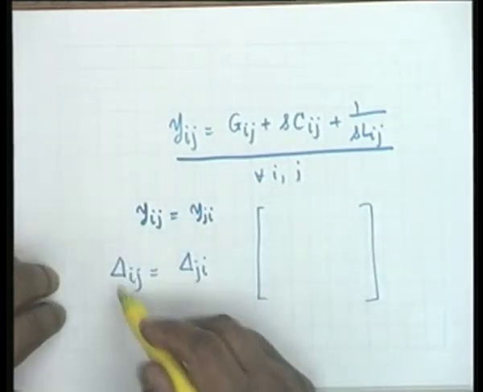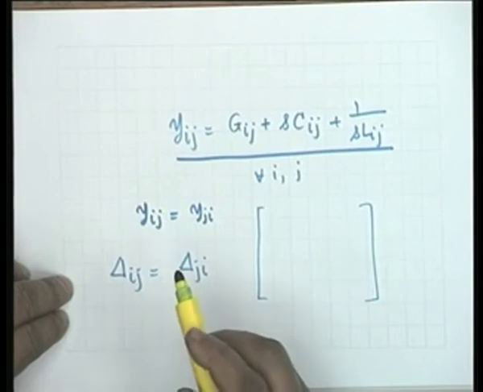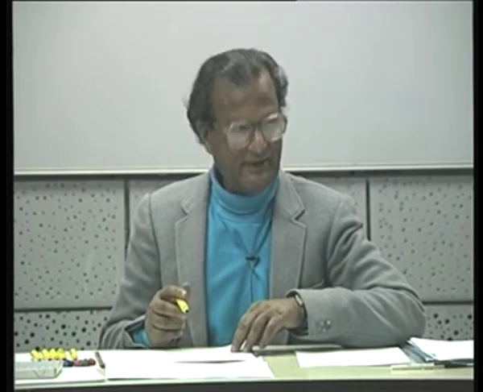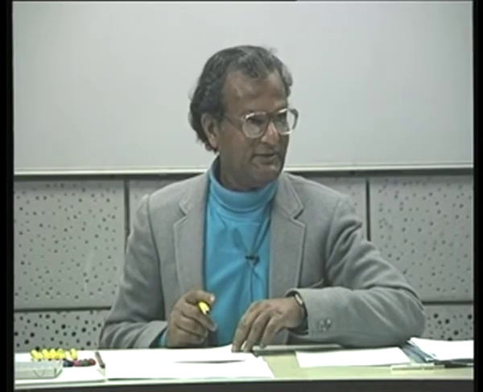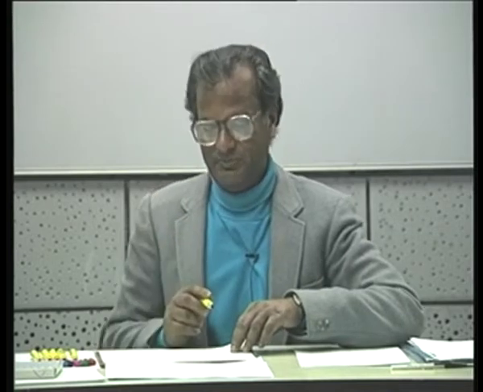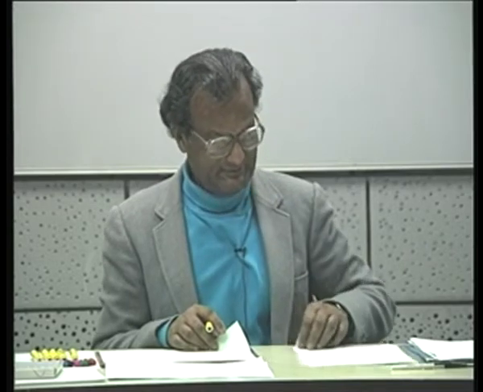And you know how to find del Ij. You delete the ith row and the jth column and then determine the determinant and multiply by minus 1 to the power I plus j. All right, you must not miss that. And the sign of a cofactor is extremely important. Now let's see an example.